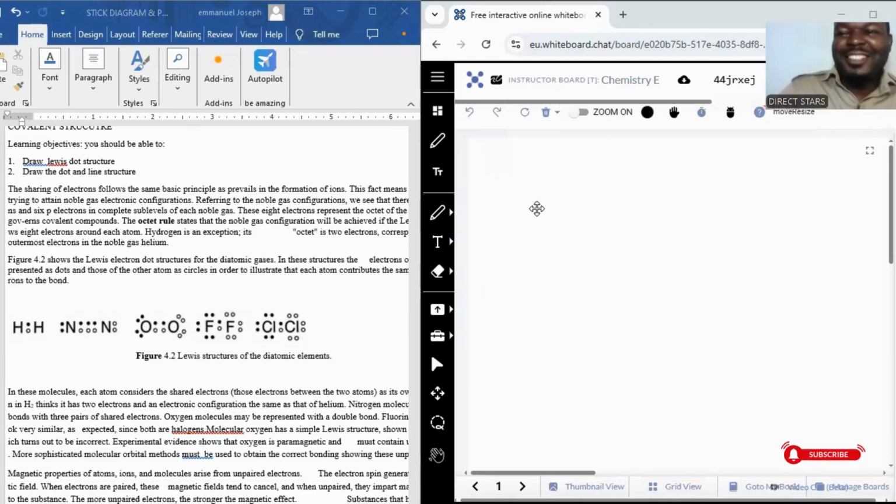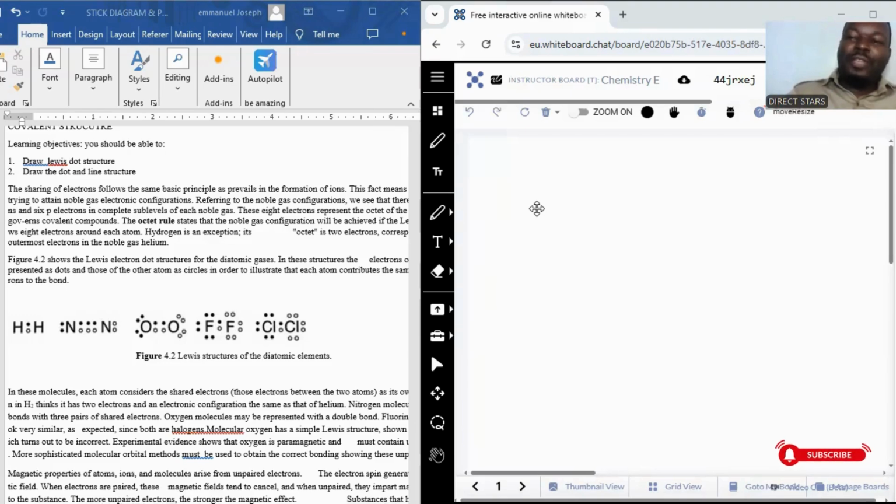Hello, class. Today we'll be looking at covalent structures. In our last class, we treated how covalent bonds are formed by the sharing of electrons between two or more atoms, bringing their lone electrons to pair up to form a bond known as a covalent bond.